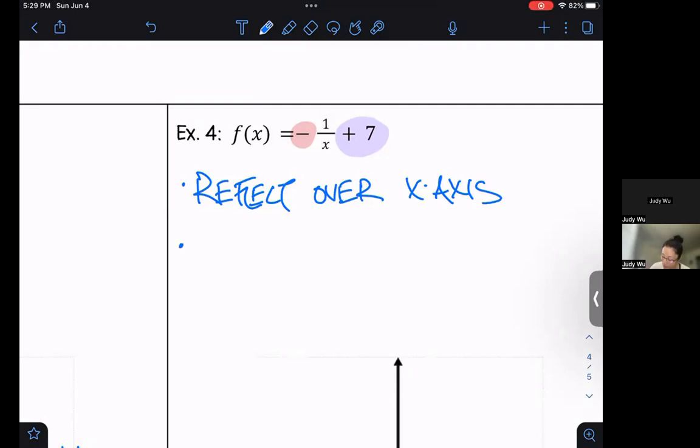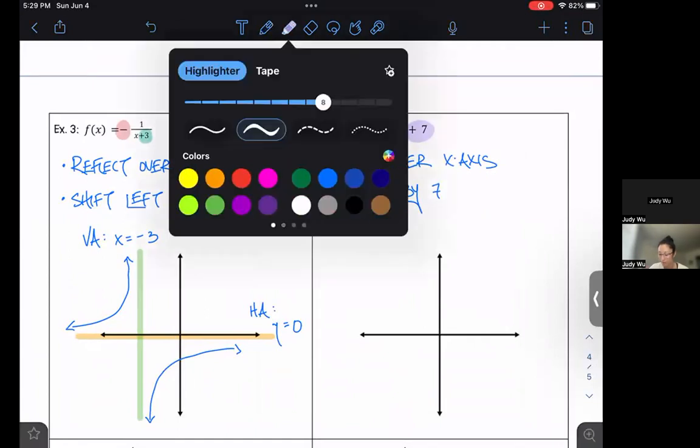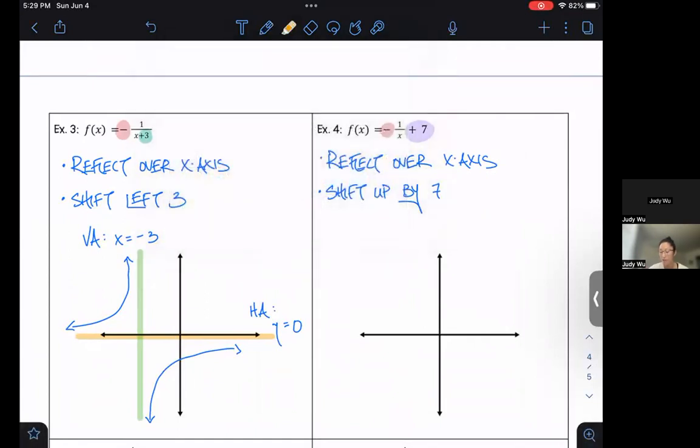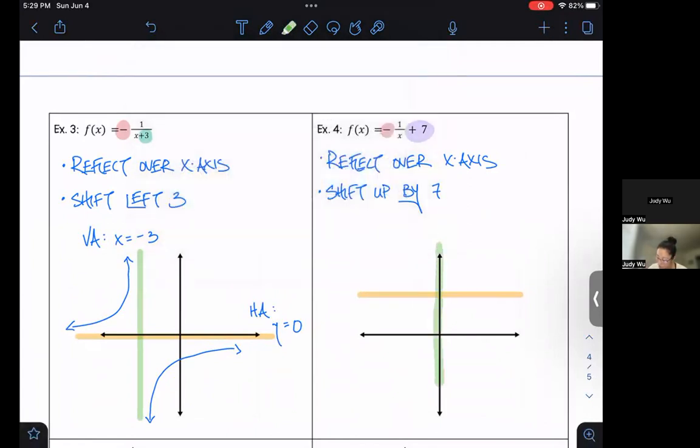And then that +7 is a shift up by 7. Okay. So we've almost set out for ourselves what we're going to be drawing. If I shift up by 7, that horizontal asymptote goes up by 7. But I'm not going side to side any, so my vertical asymptote stays where it is.